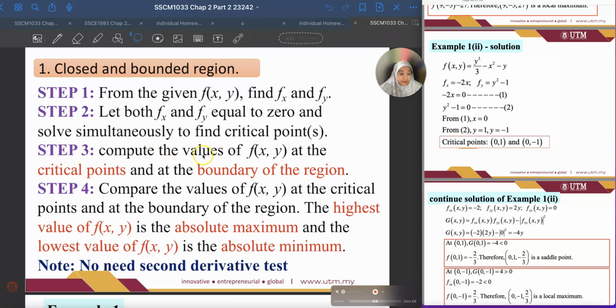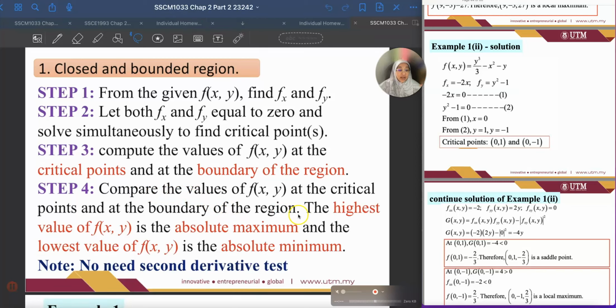You can see step 3. You have to evaluate the values of the function f at the critical point that you obtained in step 2, and also determine the points that lie on the boundary line of the region. Then list all the boundary points along the line of the region and the critical point, evaluate them, compare, and find out which one is the highest and which is the smallest.